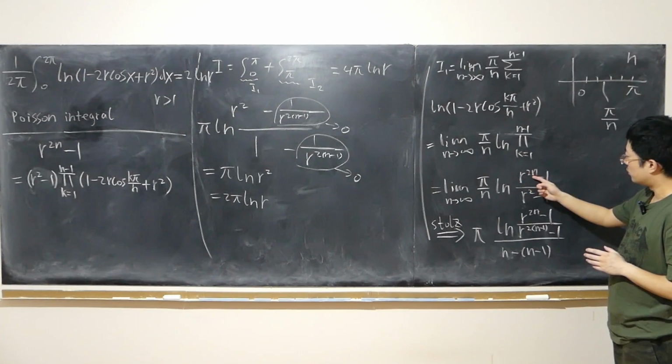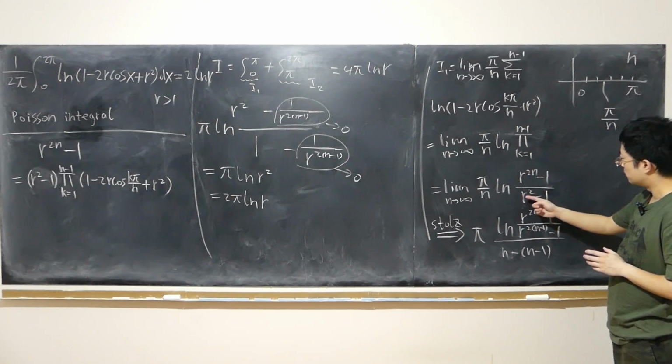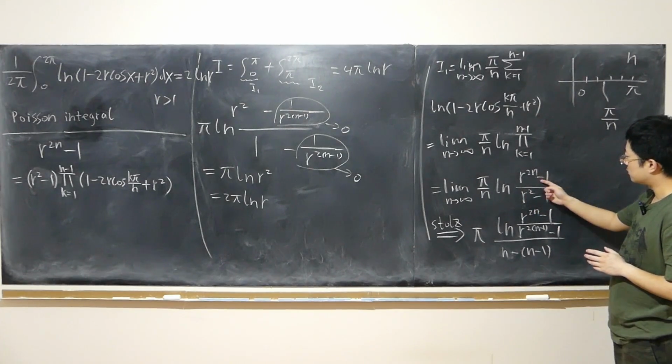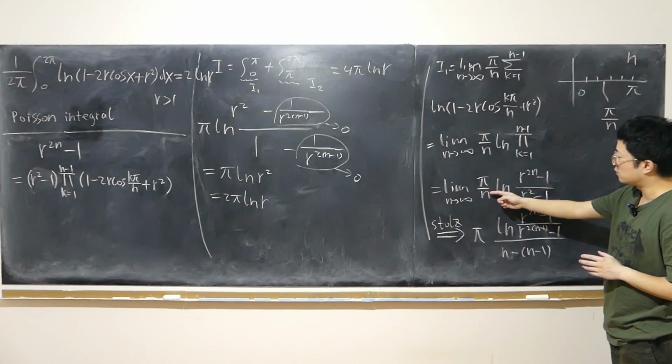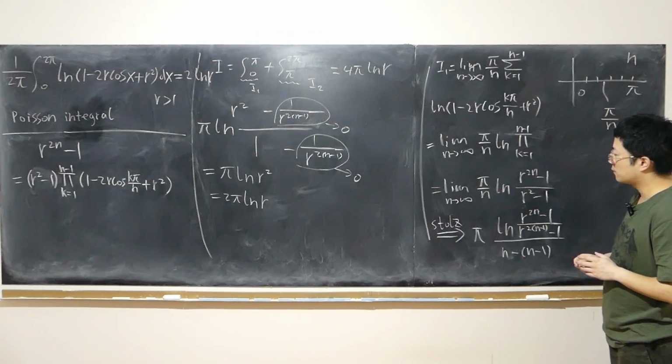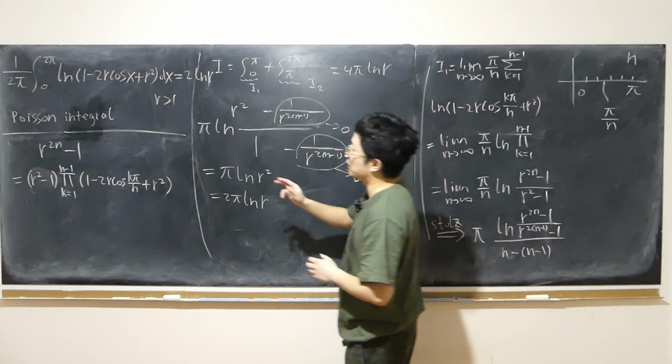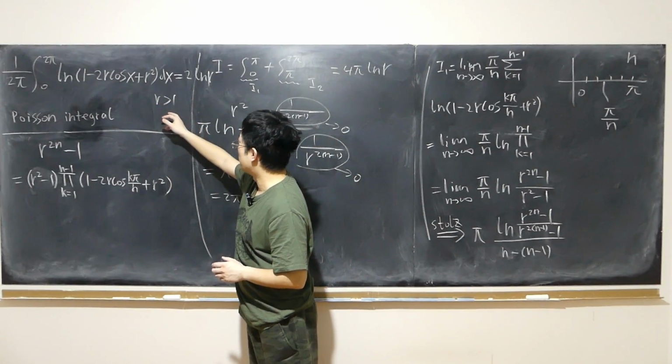As n approaches infinity, this will approach 0. But this is a constant, so log of a constant times pi over n still approaches 0. So it equals 0 if r absolute value is less than 1.